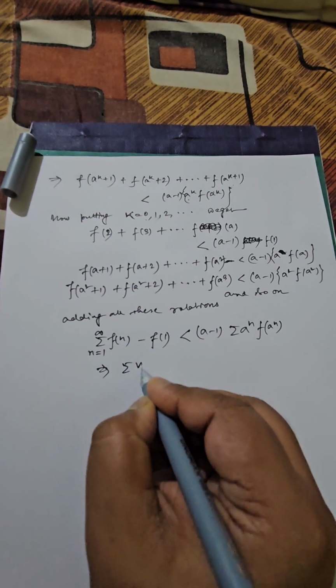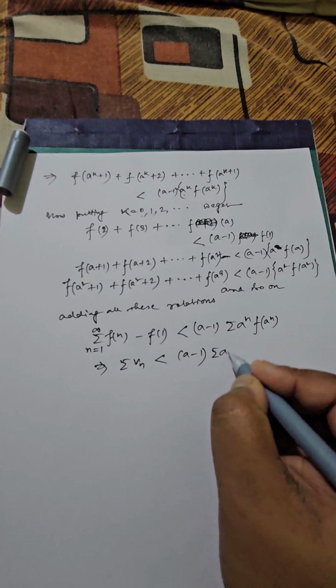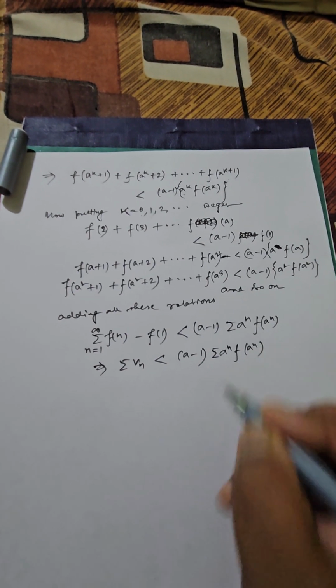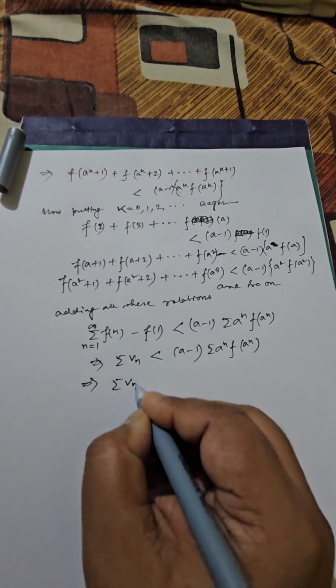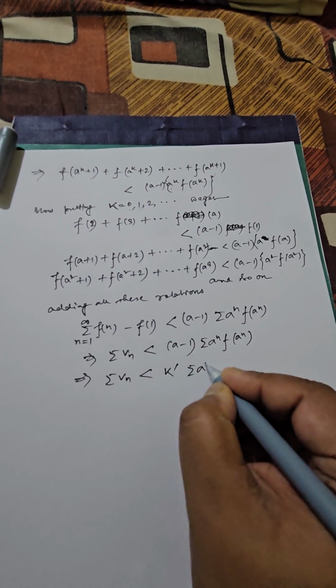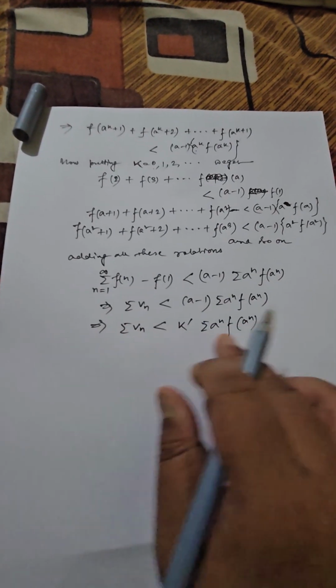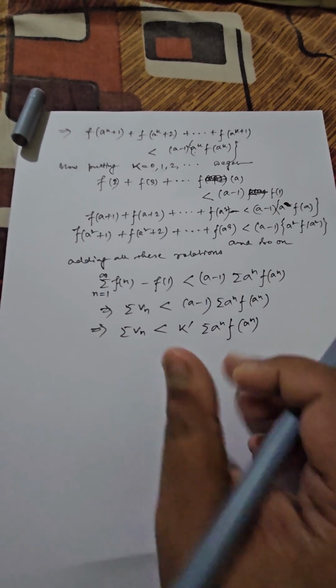So this is summation vn times (a minus 1), this type of structure you have obtained. So you can say this part is k dash into this. Technically we have obtained this type of expression.